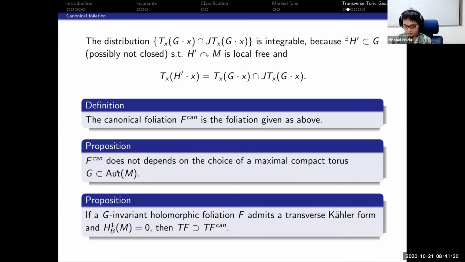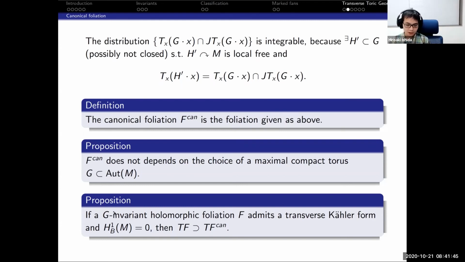So this canonical foliation is an intrinsic object for a compact complex manifold. And the canonical foliation is a lower bound of certain foliations.